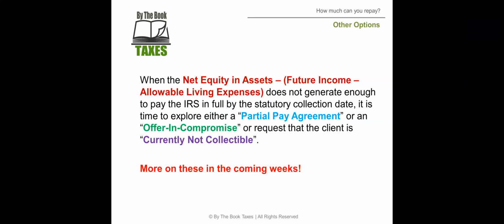Then you should have your tax professional look at either a partial payment agreement or an offer in compromise, or really, if there are no assets and no funds left over after living expenses, the client might be considered currently not collectible. But these items will be the subject of blogs over the next several weeks, so please stay tuned.